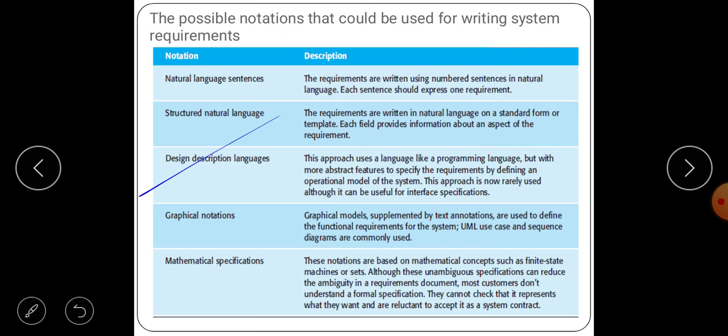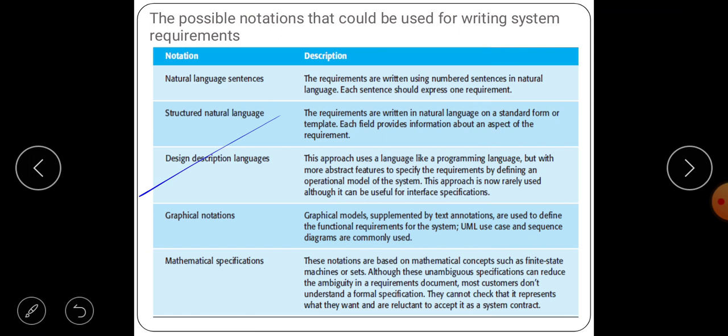Next one is design description language. Okay, what is this design description language? This approach uses a language like a programming language but with more abstract features to specify the requirement by defining an operational model of the system. This approach is now rarely used, although it can be useful for interface specification.